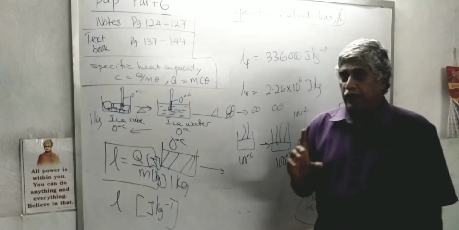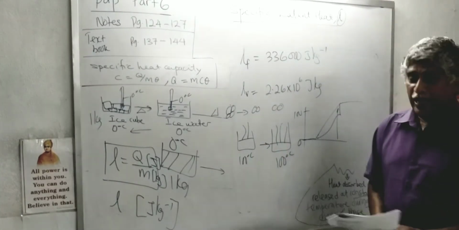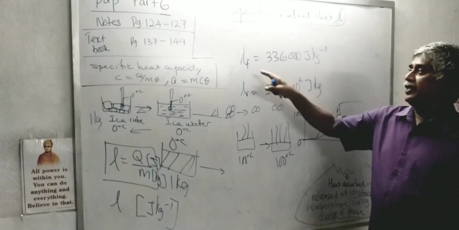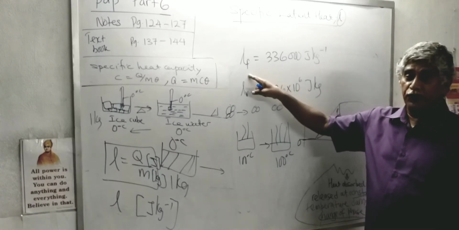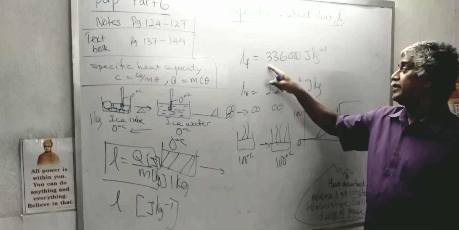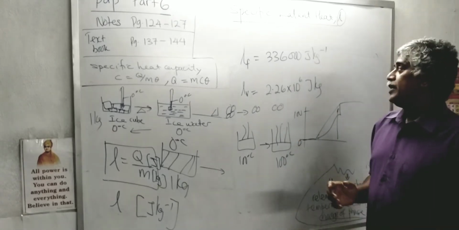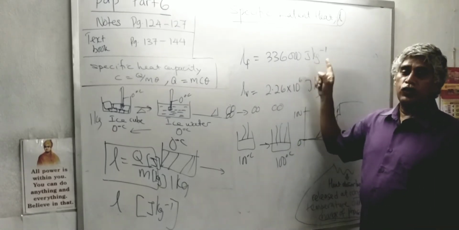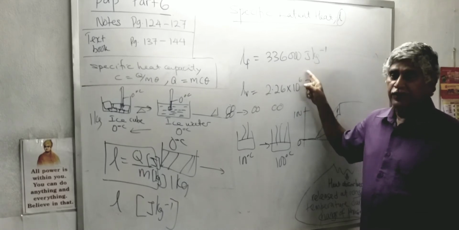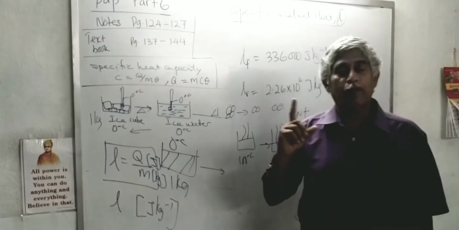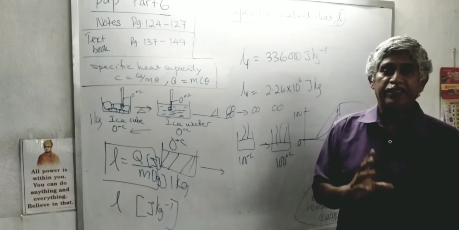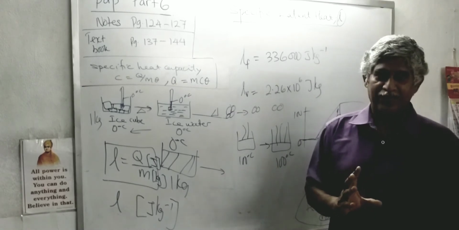So the definition you have to know. In SPM they like to ask what is meant by the specific latent heat of fusion for water, for ice. You have to say: 336,000 joule of heat energy is required to melt 1 kilogram of ice without change in temperature. That's how we explain it.